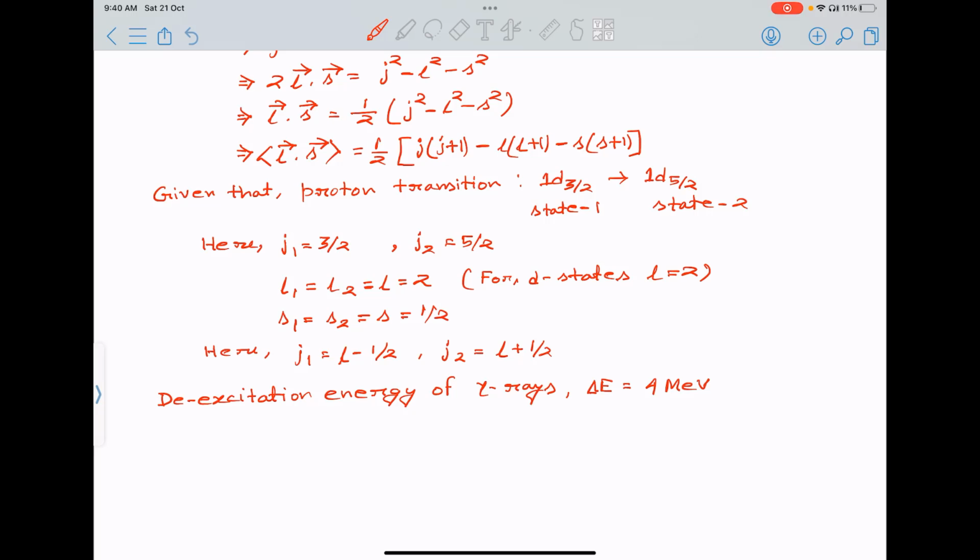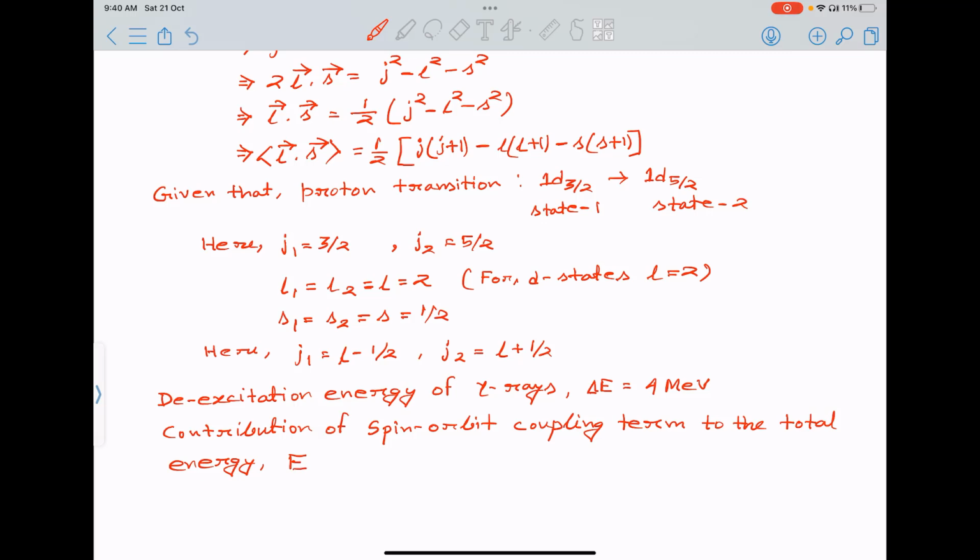Next thing is the contribution of spin orbit coupling term to the total energy, which let us say is E_SOC equals C times expectation value of L dot S.